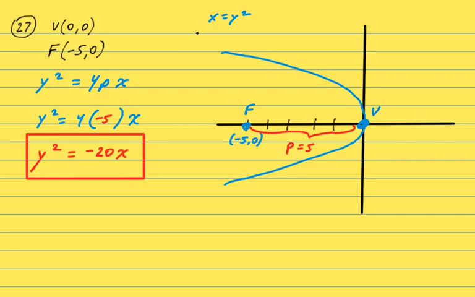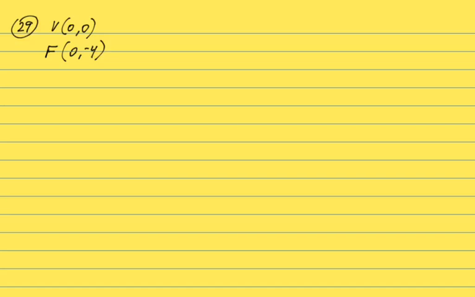Again, the goal is to write the equation. To do that, I recommend you graph it whenever you're given information, such as 27 or 29. 29 gives me these, so I'm going to graph them.